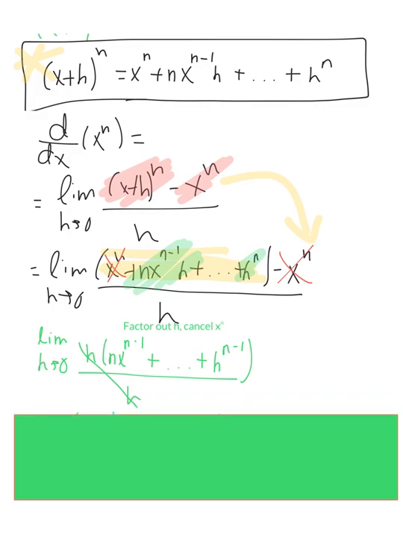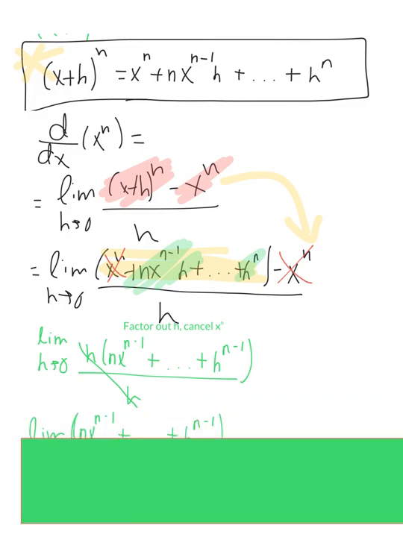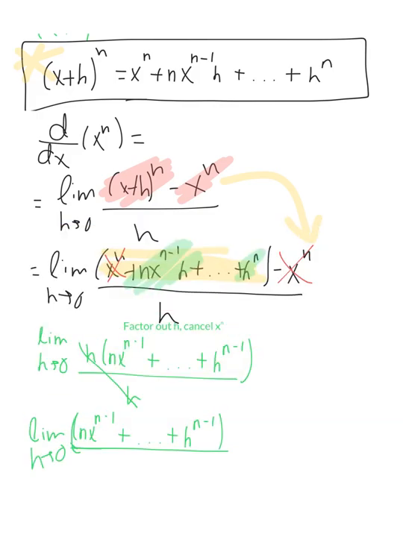Now what we're looking at here, after we cancel out those h's, is that one term left will not have an h left in it, right? Because this original term that was left here, after we canceled out x to the n, had h to the power of 1. So after we factor out h to the power of 1, that first term doesn't have an h in it. But every other term will, right?